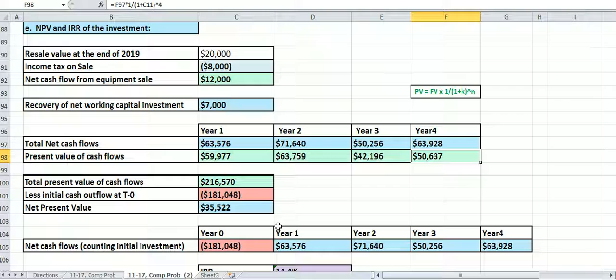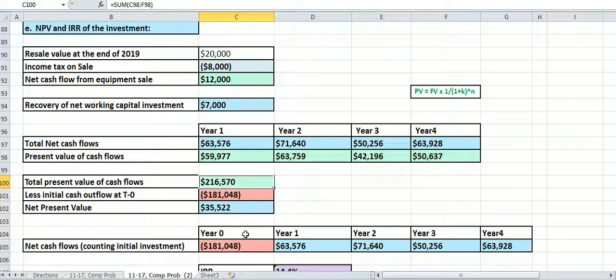So now we total all of this up right here, and we get the total present value of our cash flows. This is what we would have to have in order to have all this money coming in for 4 years.